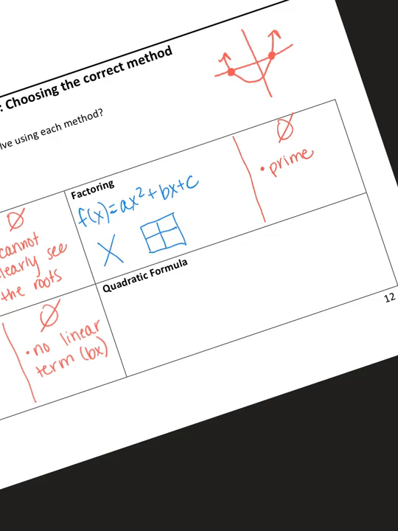However, a nice little tool when you do have a prime quadratic is to use the quadratic formula. So again, your function has to be in standard form because you have to be able to identify a, b, and c.